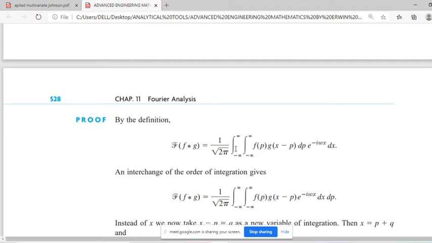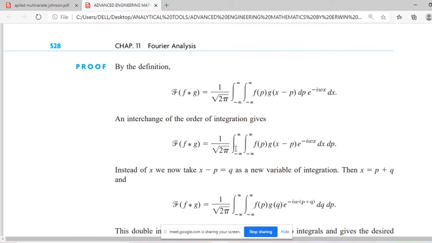So you can interchange the order of integration because the functions are considered to exist, and moreover f of x tends to 0, we have assumed that. So Fourier transform of f star g is equal to 1 by root 2 pi integral minus infinity to infinity, again integral minus infinity to infinity f of p g of x minus p. Just interchange the order of integration, e raised to iwx dx dp, right?